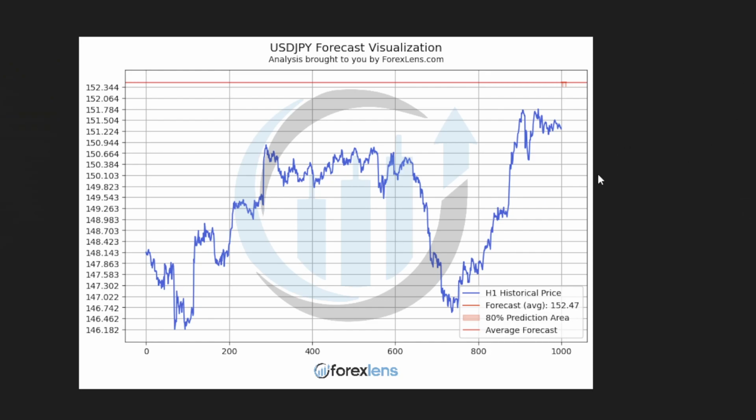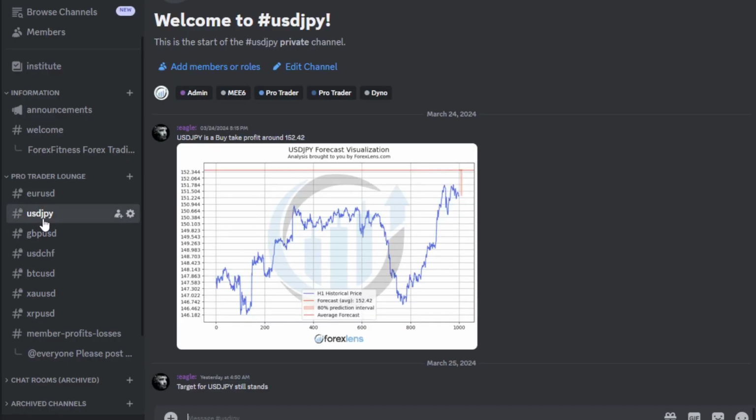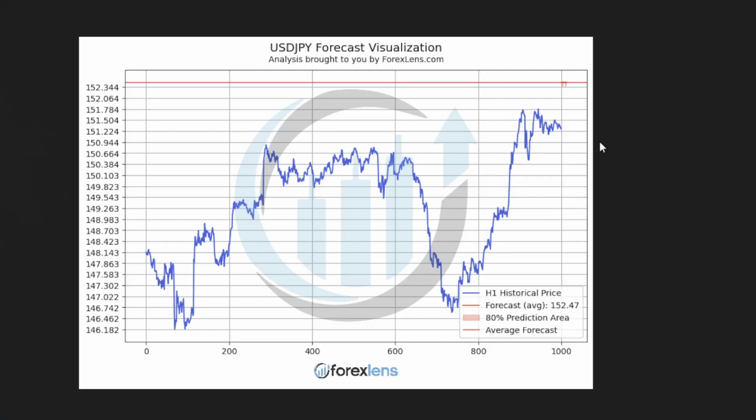We do have an open order set at 151.28, so we're somewhere in this range right now, and you can see the market's been going pretty sideways. We're still confident that it's going to pop up to 152.47, and from yesterday we were around the same at 152.42, so it's just a little bit lower today, and that's okay. We still see it going there.